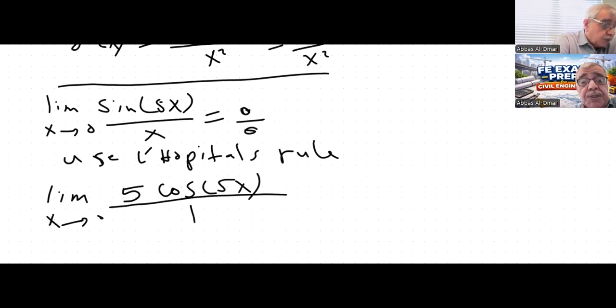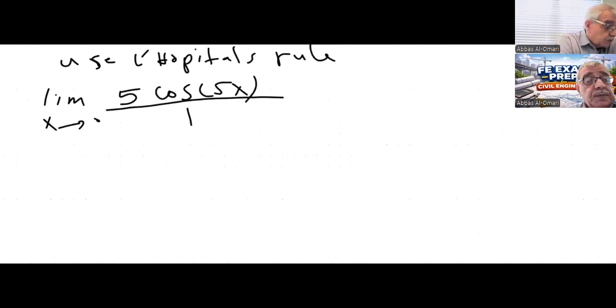So now we substitute x equals 0. Cosine 5 times 0 is cosine 0, which is 1, multiplied by 5, that's 5, divided by 1, which is 5.